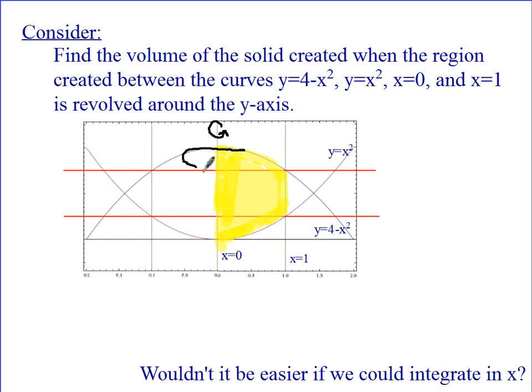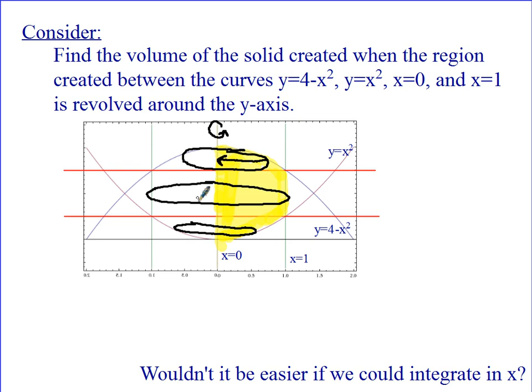We have a disk like this, a disk like this, and a disk like this, right? These are the disks that we have, and that creates a problem, because these disks are not the same. This disk has a radius like this, and that radius goes from the curve, and we have to write it in y, because remember, if we're revolving around the y-axis and using the disk method, we're integrating in y.